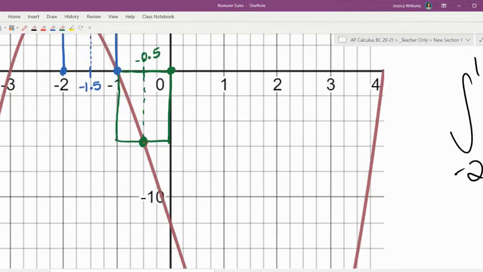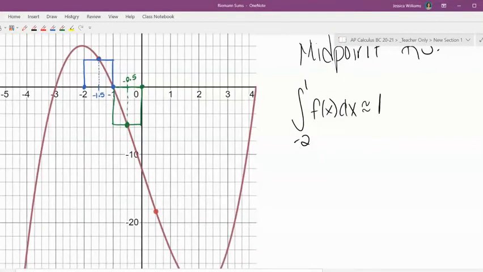Same thing for this last region. That would be an input of 0.5, the halfway, the midpoint. That's going to be here on my function. So there are my 3 rectangles that I'm finding the area of and adding together.